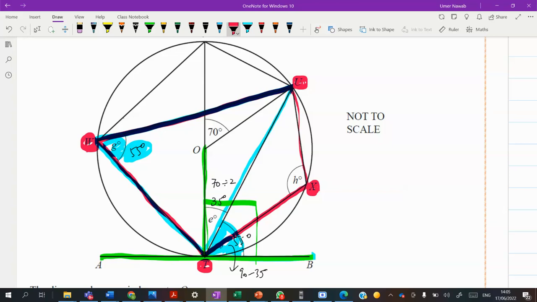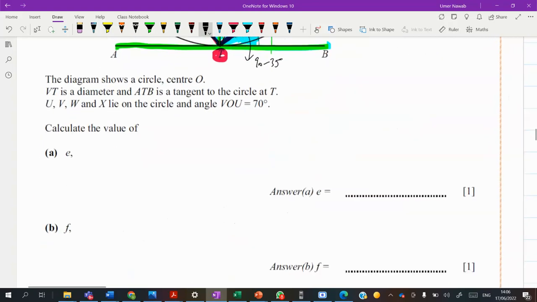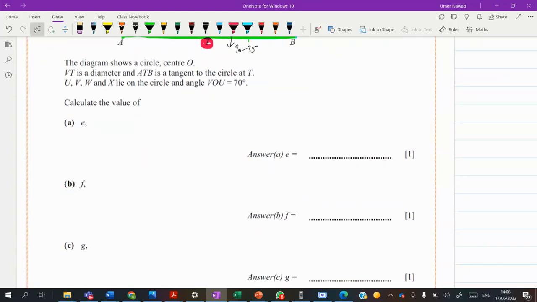So WTXU is called a cyclic quadrilateral. The opposite angles are supplementary. I can easily find H. H is equal to 180 minus 55. That gives you 125.